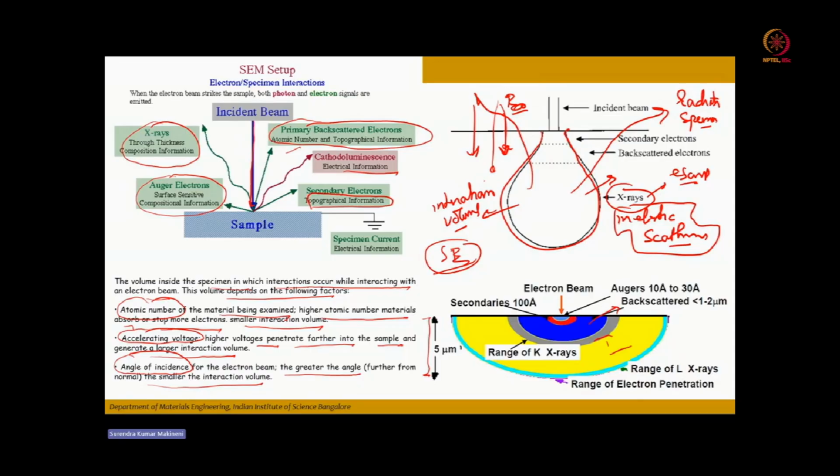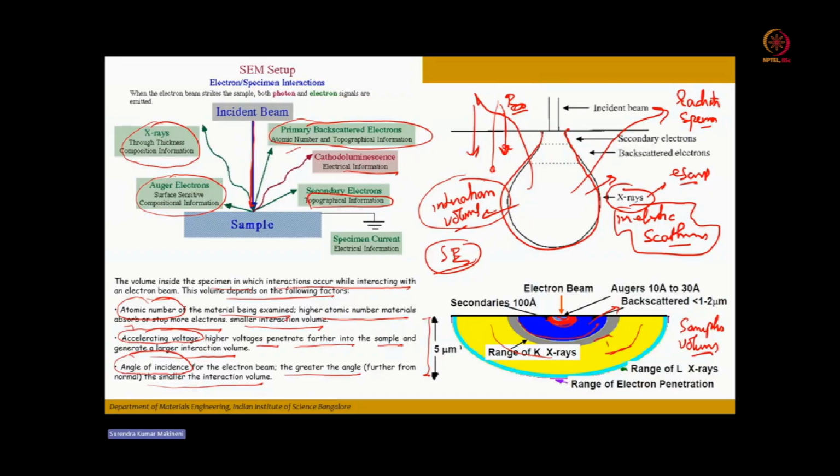Each volume from which these radiations are generated is called the sampling volume. So you can see that there is an interaction volume and there is a sampling volume. The sampling volume corresponds to each type of radiation coming out.